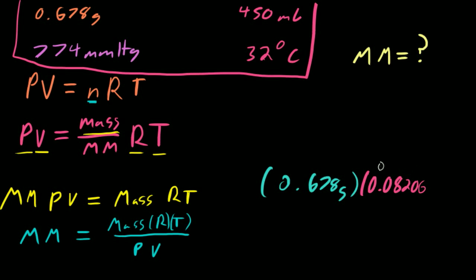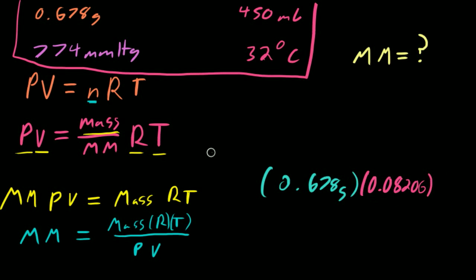I'll leave the units off for right now. If you want to see what the units are, you can look further back in the playlist where I go through all the ideal gas constant stuff.